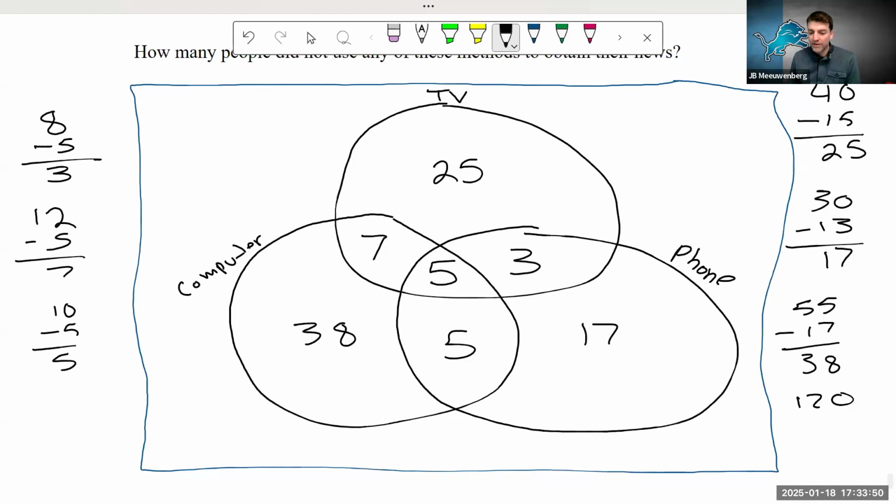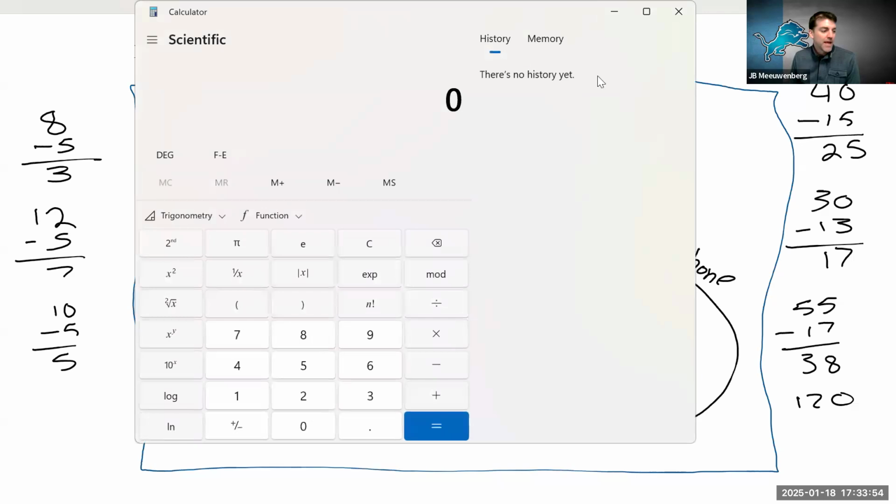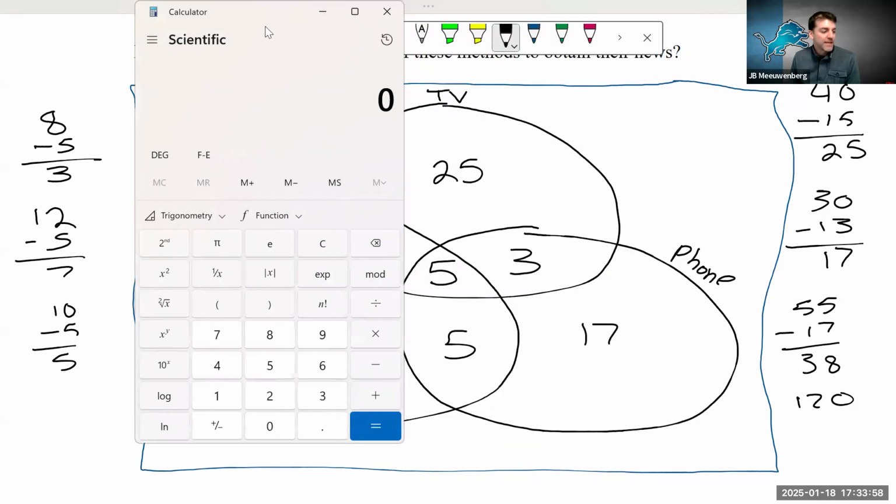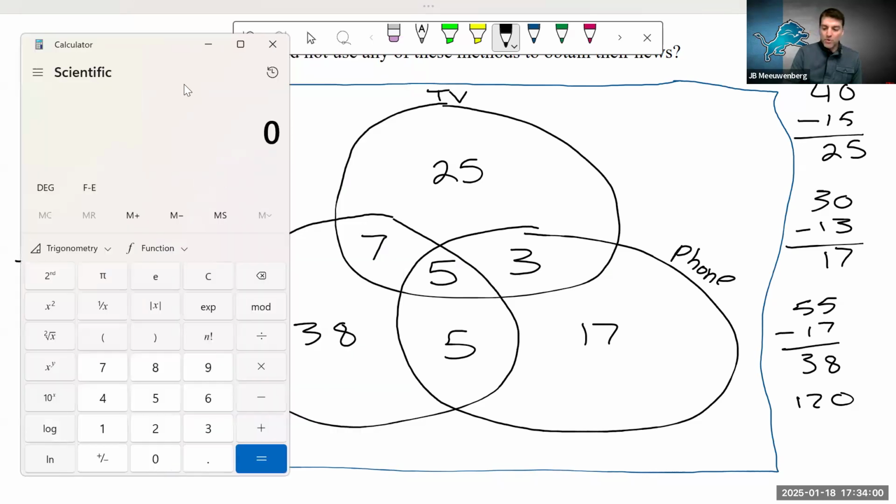Let me pull up my calculator here. I'm going to add all of those numbers inside our different regions. We had 25 plus 7 plus 5 plus 3 plus 38 plus 5 plus 17.